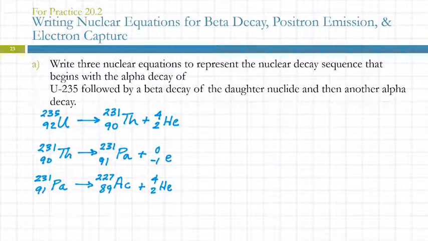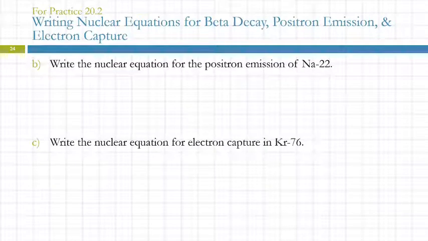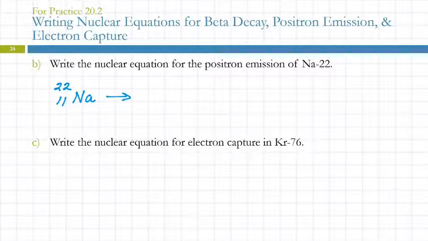Any questions? This one's saying, write the nuclear equation for the positron emission of sodium-22. So sodium-22, and then we'll look up the atomic number for sodium. And this is going to emit a positron.